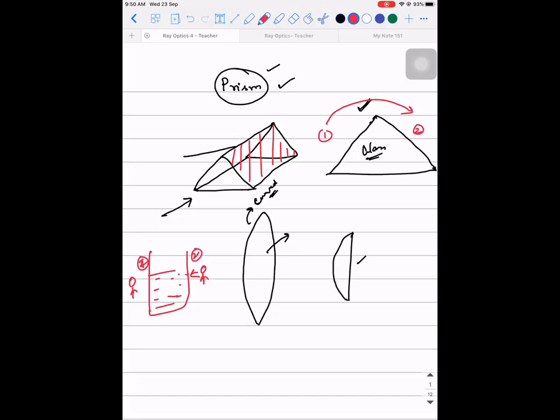In a similar way, for a prism, if someone is sitting here and you want to observe from this side, you are the observer, and there is the source you're trying to observe. Then the light has to travel from this side. What interactions will it have with the prism to reach the other side?